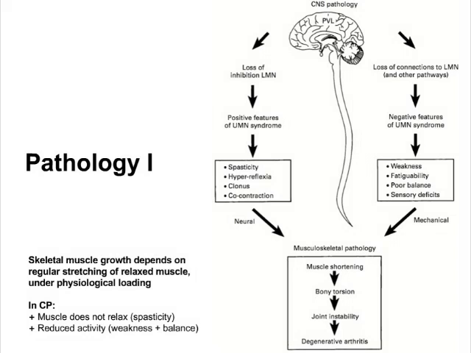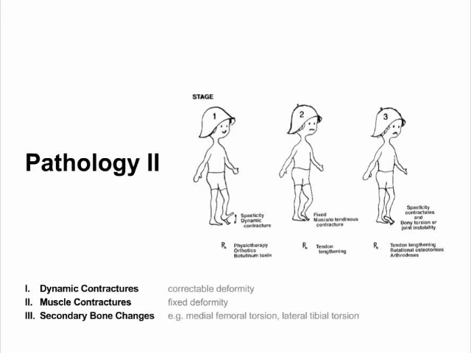This leads, in the initial setting, to dynamic contractures of muscles because of the spasticity, and these are correctable, so the muscle may be stretched to its normal length. Once contractures actually start to form, though, a fixed deformity develops, and you're unable, even under anaesthesia, to correct the flexion.